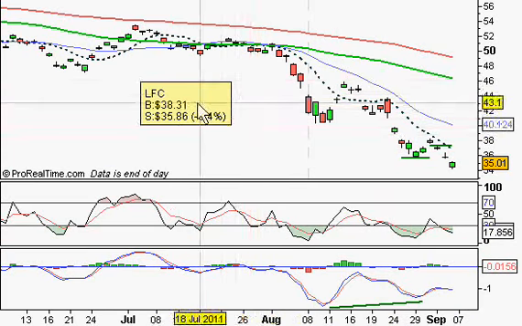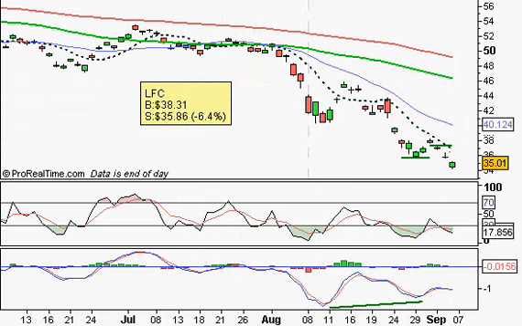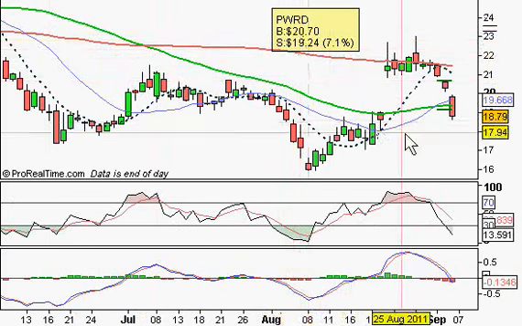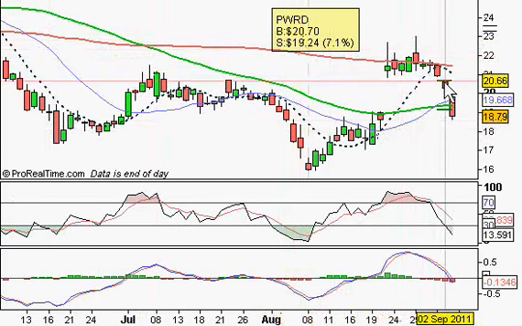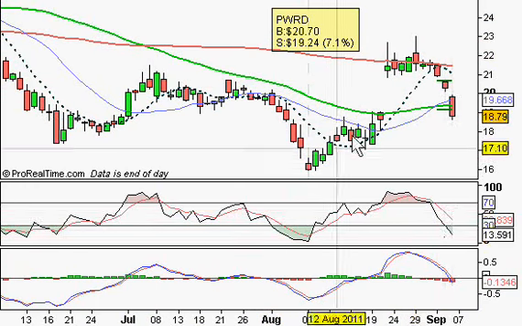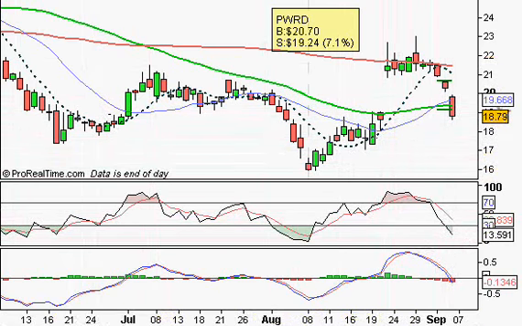So we're going to close this out, even though we never got triggered in, and move on, make room for other new trades. And the same thing with PWRD. This one here we're recommending here, and it just gapped lower and continued lower down here. So we're going to be taking this also off of our watch list as well.